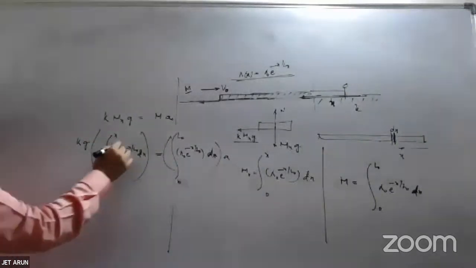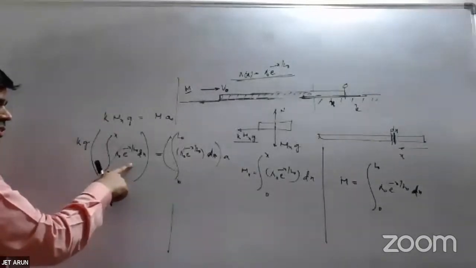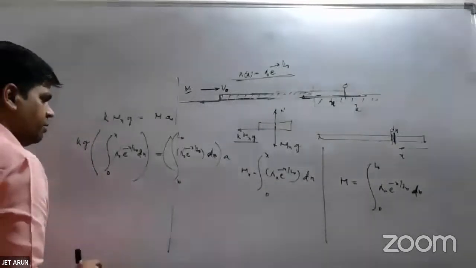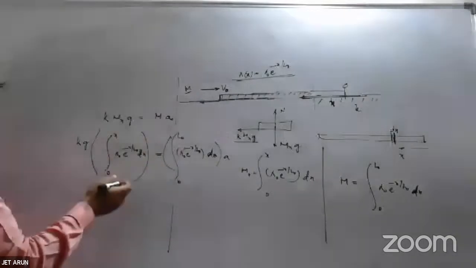Alright, so lambda naught gets cancelled out here. I cannot cancel out e power minus x by l, e power minus x by l, because they are not constants, they are functions of x. Alright. So I just integrate this and go ahead.